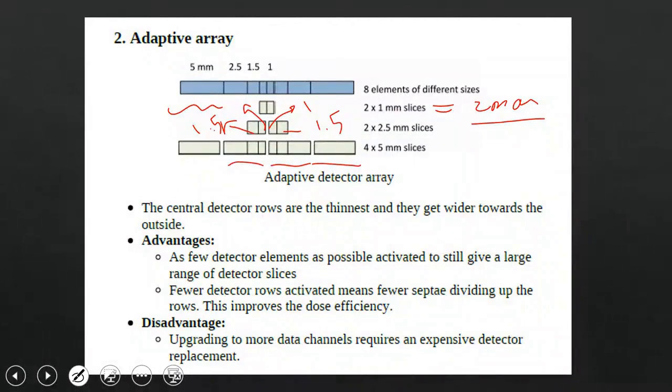In essence, when you have different sizes of detectors, it complicates things a bit and you need more data channels to handle this situation. Plus, if there is any problem with the detectors, the process of replacement or repair becomes difficult because not all detectors are similar.